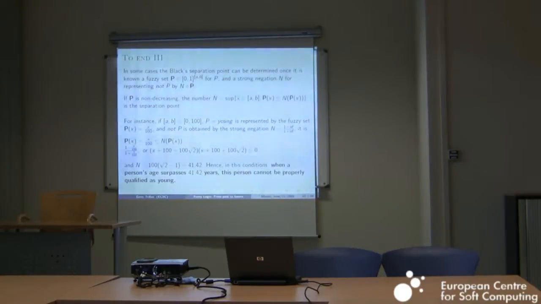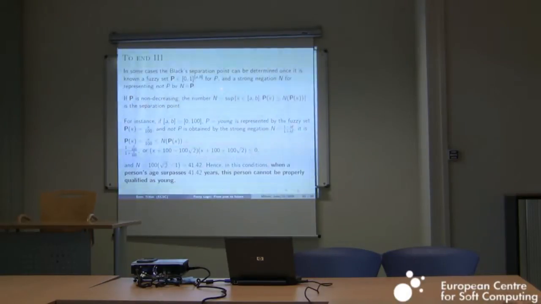For example, imagine that I take the predicate young, and the predicate young is represented by this fuzzy set in [0, 10]. Imagine that I realize, by the use of the language, that the negation should be represented by this Sugeno negation.